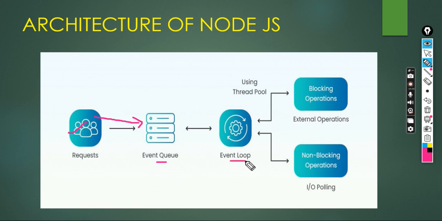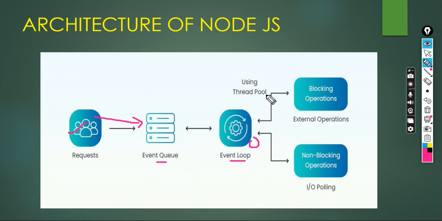The event loop checks whether it is a simple request or a complex request. If it is a simple request, the event loop itself handles the request and sends it back to the event queue, which gives the response to the client.